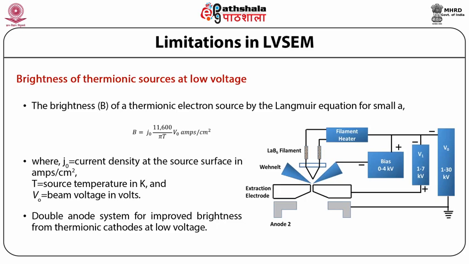At 1 kilovolt and 2 kilovolt, the setup produces 10 times higher brightness than the typical 30 kilovolt electron gun with tungsten, and 8 times higher brightness with LaB6, using the geometry depicted in figure 5.